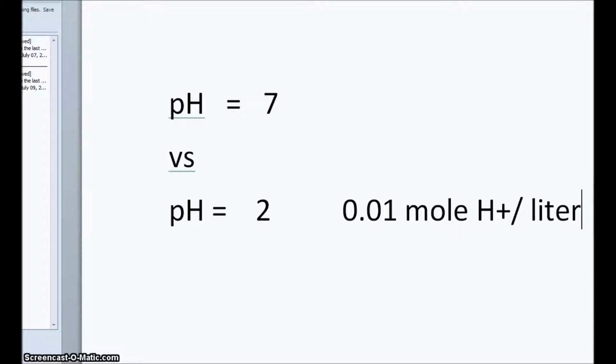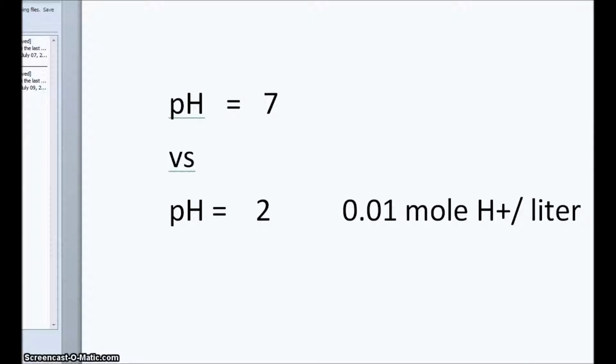It's Avogadro's number times 0.01. Because the number of atoms or molecules in a mole of any particular compound or element is Avogadro's number of those atoms or ions or molecules per liter. Okay?